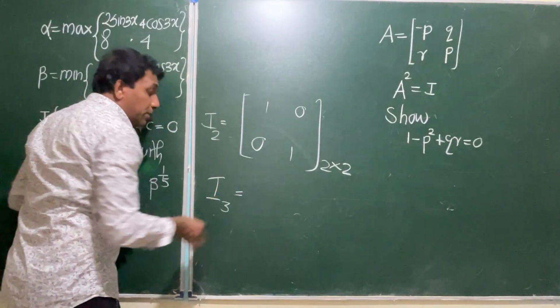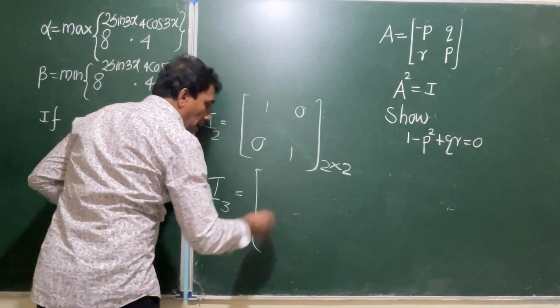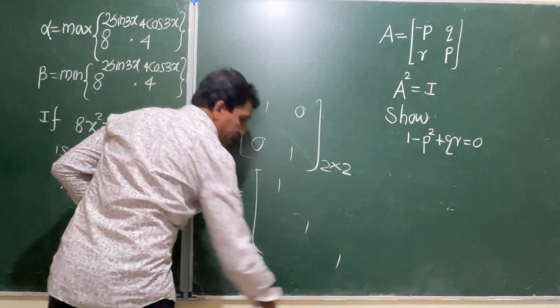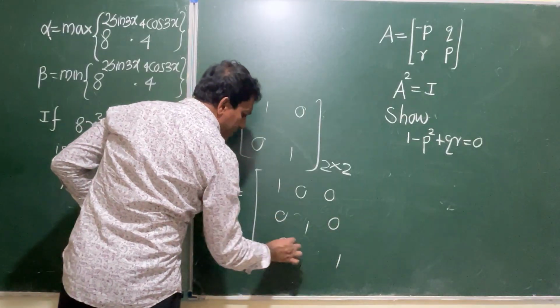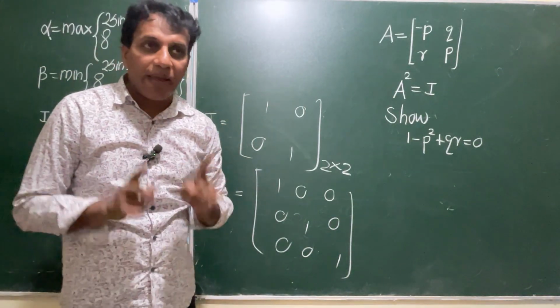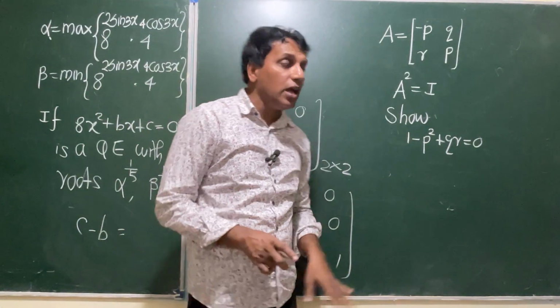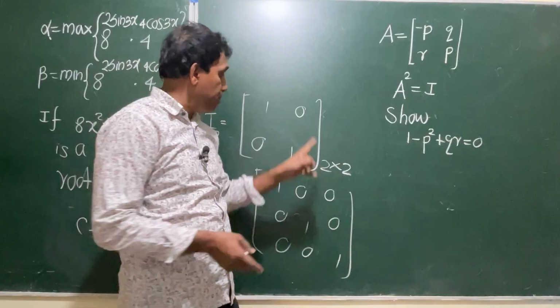I3 is the identity matrix of order 3 by 3. Main diagonal 1, the rest of the elements 0. That's how the I notation works. So A is a matrix with elements given, and A square equals an identity matrix.